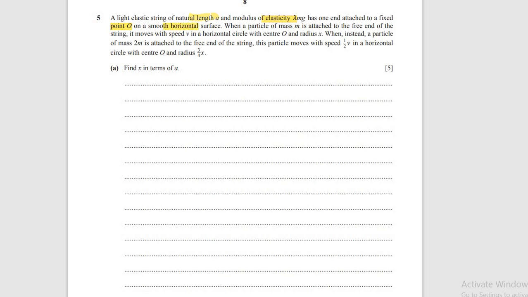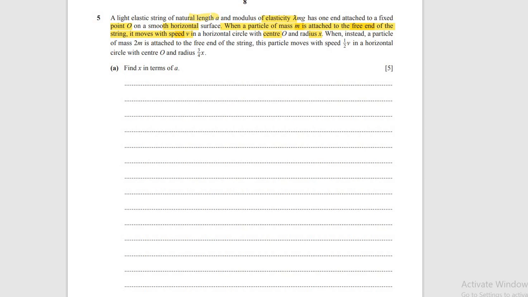When the particle M is attached to the free end of the string, it moves with the speed v in a horizontal circle with center O and radius r.